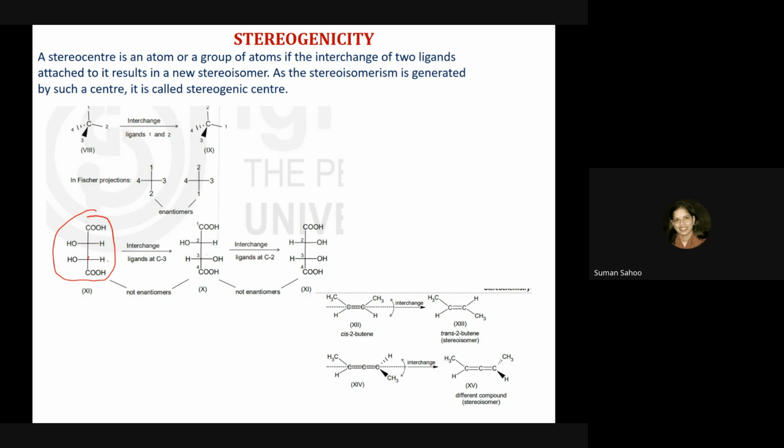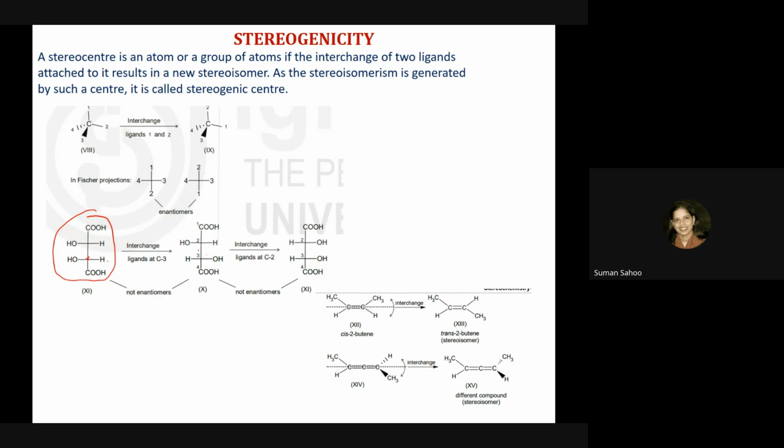These two are actually diastereomers. But still it is going to give you another stereoisomer. It is not giving the same stereoisomer, it is giving you another stereoisomer. So we can say this carbon number 3 is a stereogenic center.